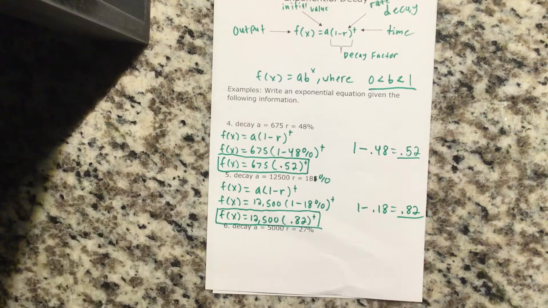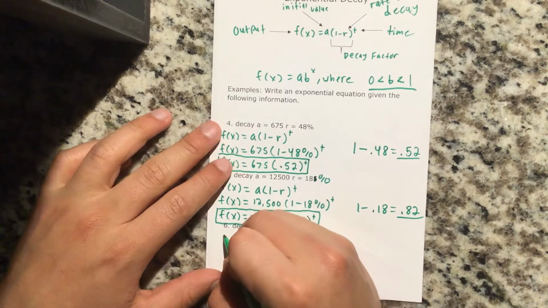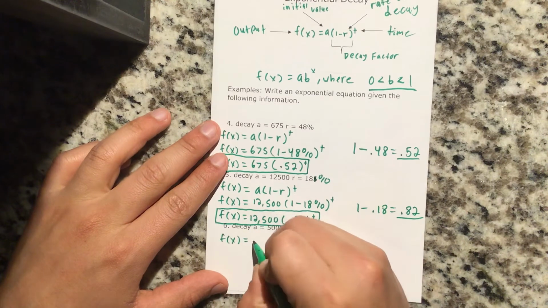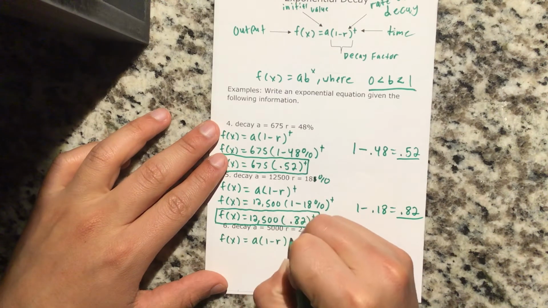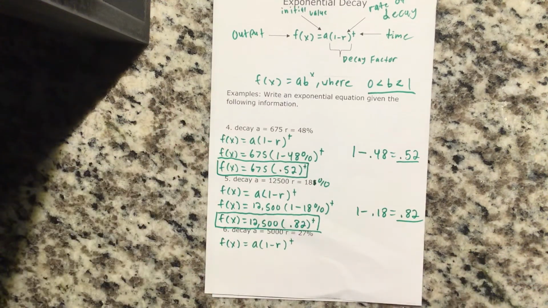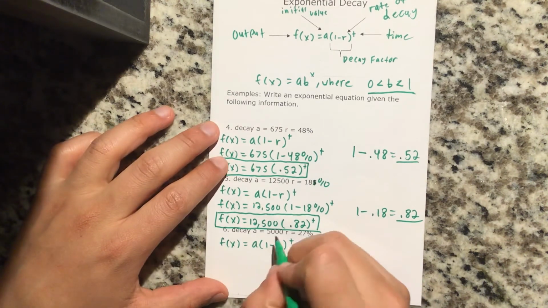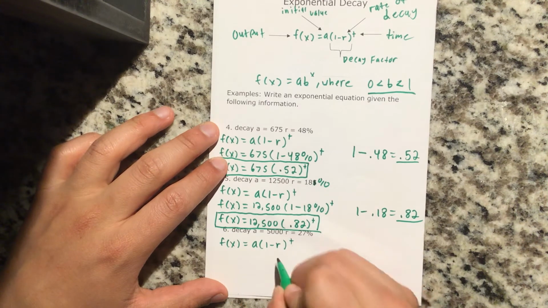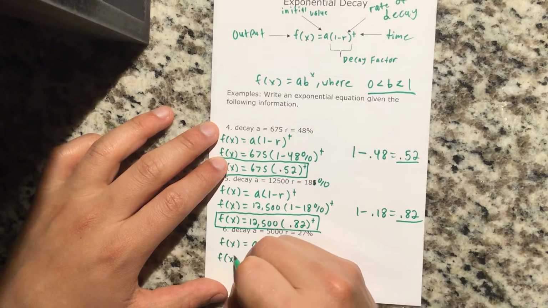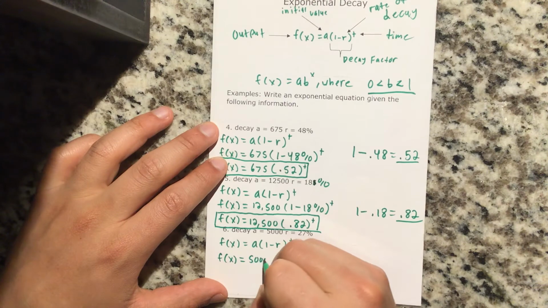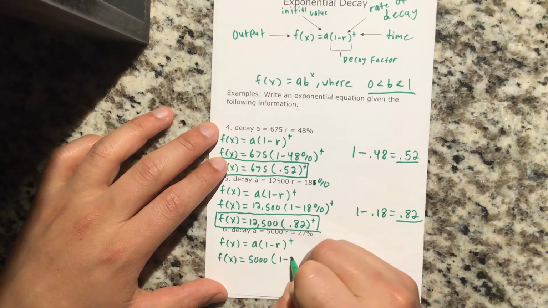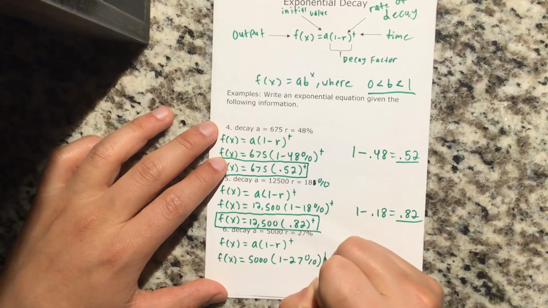All right, last one on this page. So here again, a decay. My A is 5,000, my R is 27%. So same thing, okay? F of x equals A times 1 minus R to the t power. If y'all want to skip ahead, you can. But if you want to see some more examples, keep watching. So now we plug in what we know. So my A is 5,000, my R is 27%. So F of x equals 5,000 times 1 minus 27% to the t power.